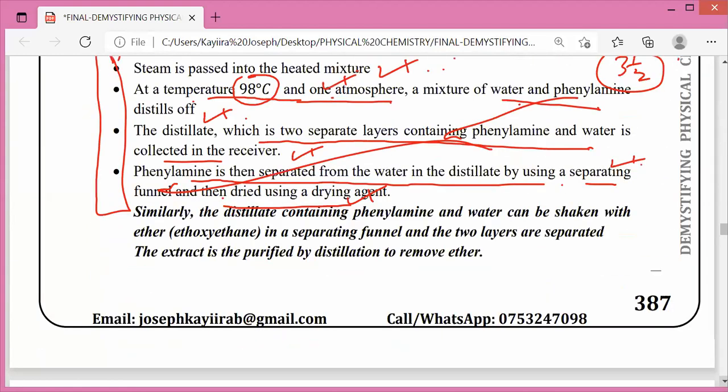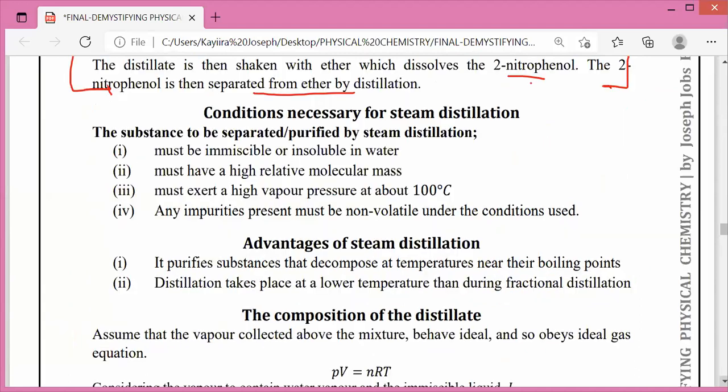Now we conclude with the conditions necessary for steam distillation. What are those conditions? The substance to be purified by steam distillation must be immiscible or insoluble in water. It must have a high relative molecular mass such that a very high amount of it vaporizes off with steam.